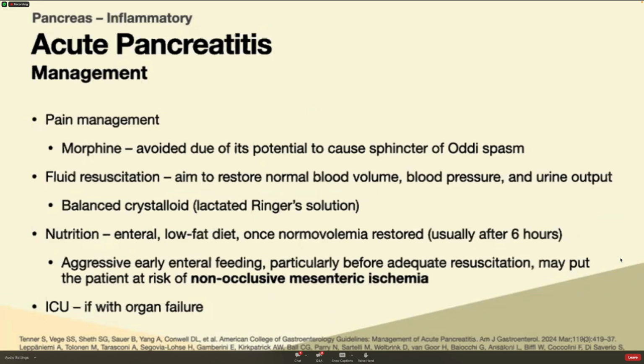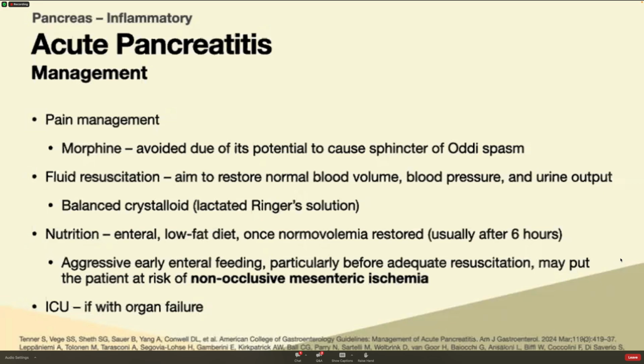So you just have to avoid aggressive early enteral feeding, because if this is done before adequate resuscitation, this would put the patient at risk for non-occlusive mesenteric ischemia.